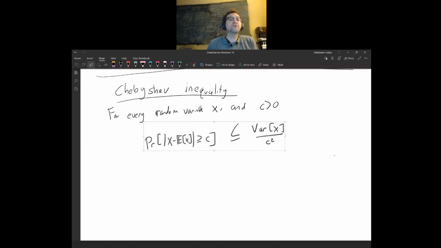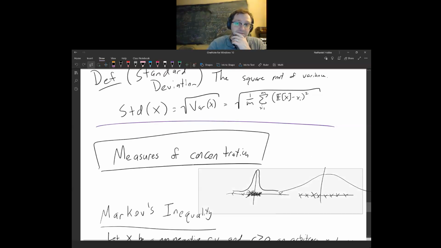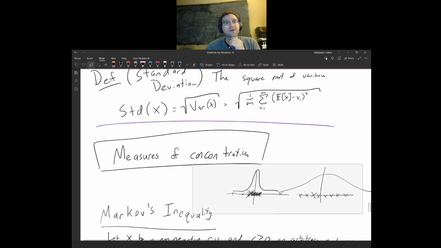But the reason, on a high level, why Chebyshev gives a tighter concentration bound than Markov is because, if we look at these pictures, Markov relates things to the vertical average line, and that's it, nothing else.